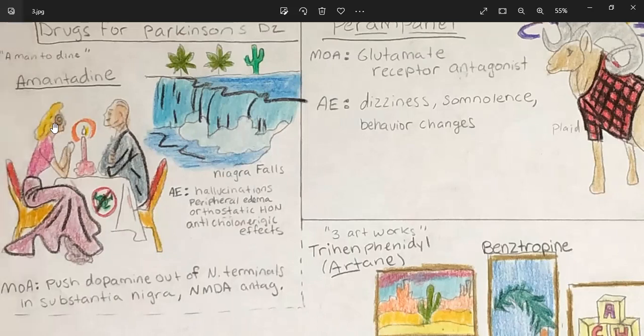So she looks like she's hallucinating. Peripheral edema, it's not drawn very good here, but this is her foot and it's like ginormous compared to the rest of her. Peripheral edema. Orthostatic hypotension, anticholinergic effects, which are always like dry mouth, dry eyes, whatever. So lots of dryness. So that's why we have a cactus over here.